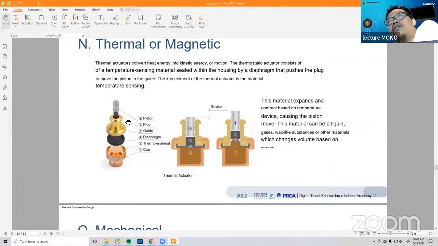And if the temperature decreases, the liquid will also respond, and it will make this actuator move down, and it will trigger the relay to open, and the compressor will be off. So it is a thermal actuator that is triggered by temperature.